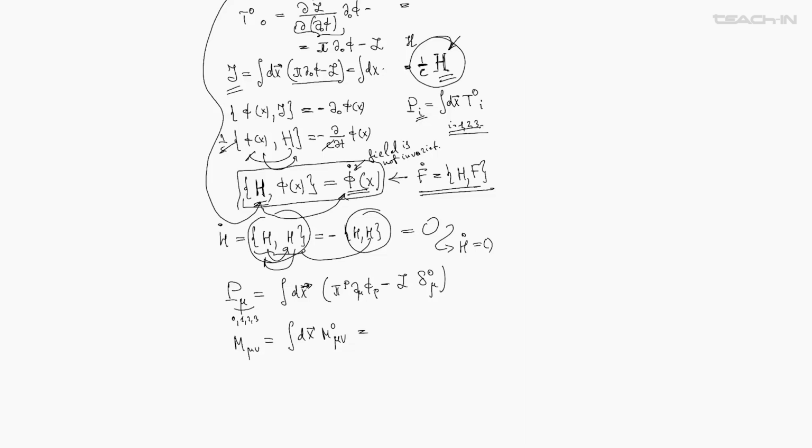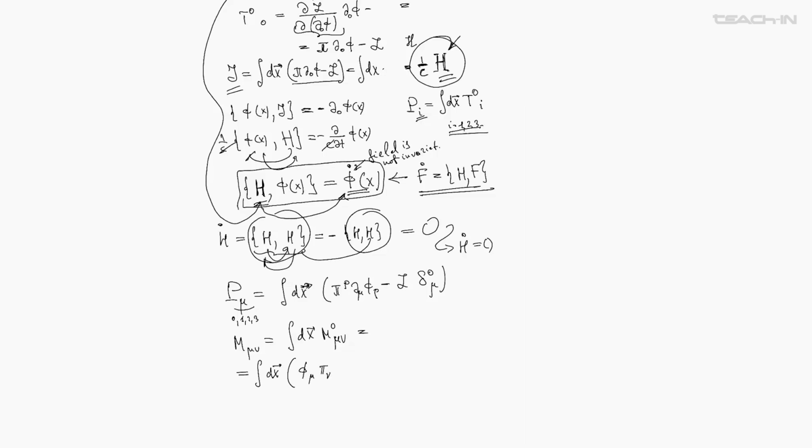Maybe you should do it in the exercise class to derive an expression for M^{μν} in terms of canonical variables, canonical coordinates and canonical momenta. And you find the following expression: field φ^μ p^ν minus φ^ν p^μ.